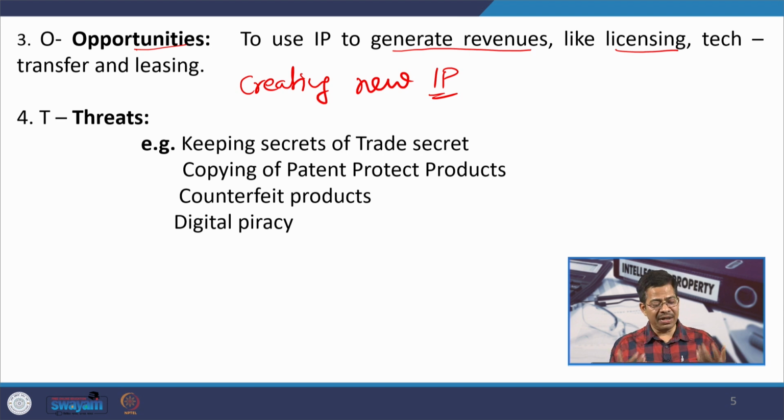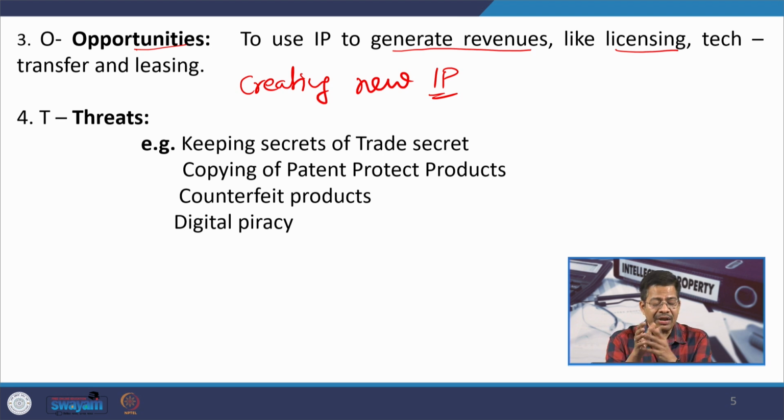You are developing content and then the content appears in digital piracy mode also. A lot of awareness activities are happening, and you need to see, if these types of threats are there, how to create a better security mechanism for your IP portfolio.